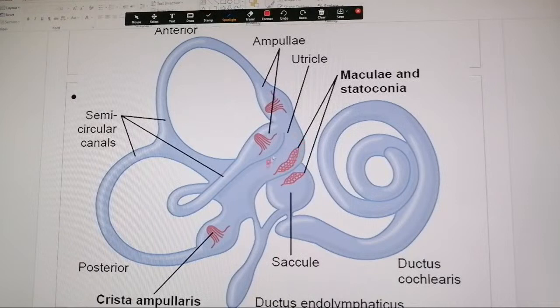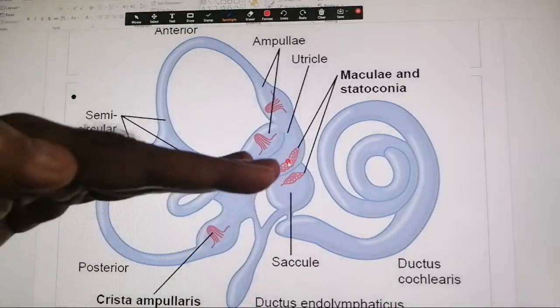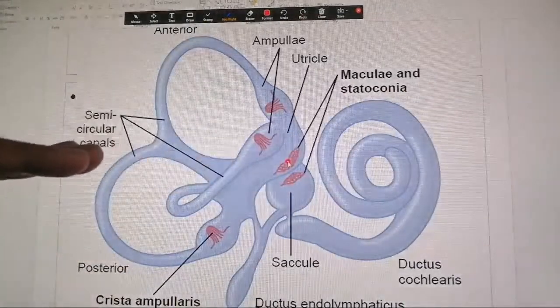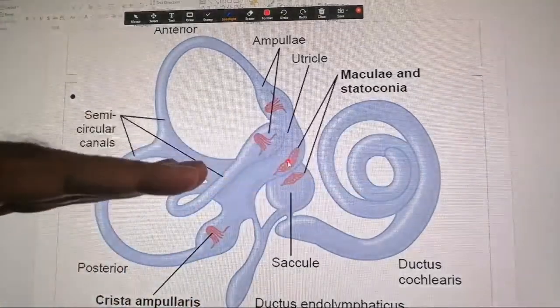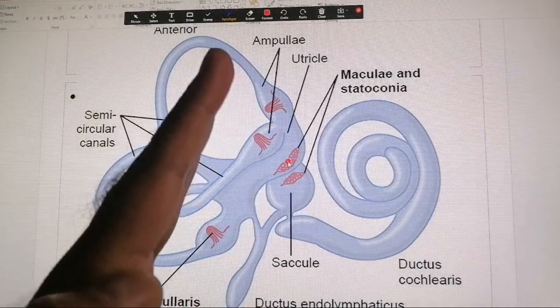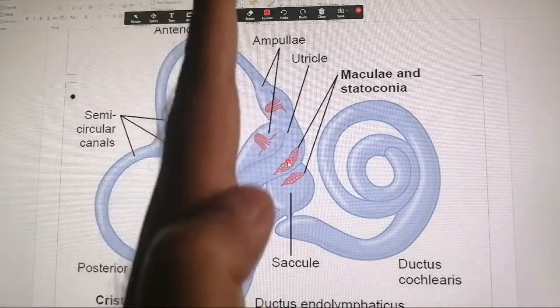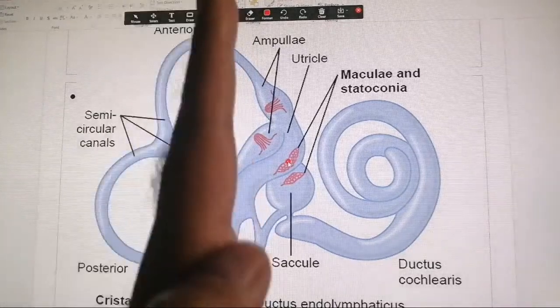The utricle and its macula are arranged in a way that it will detect linear horizontal plane acceleration and deceleration. Saccule will detect vertical linear acceleration and deceleration.